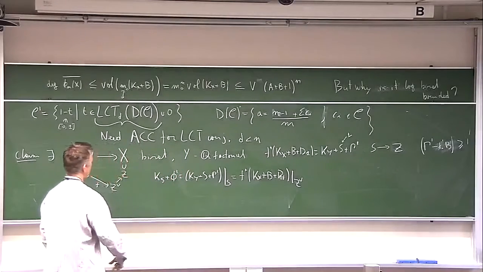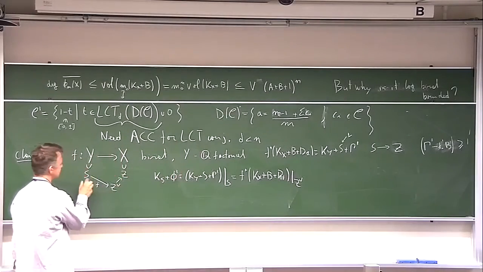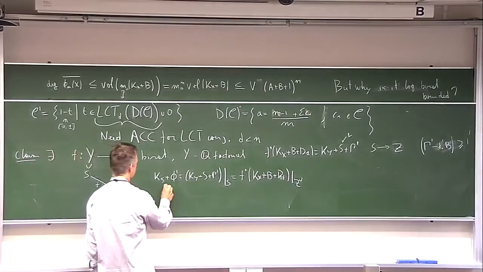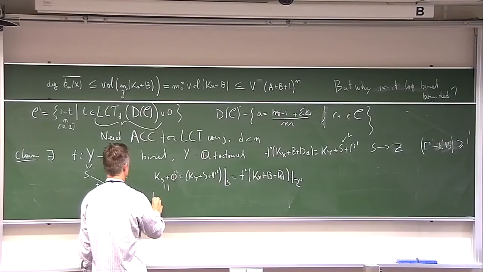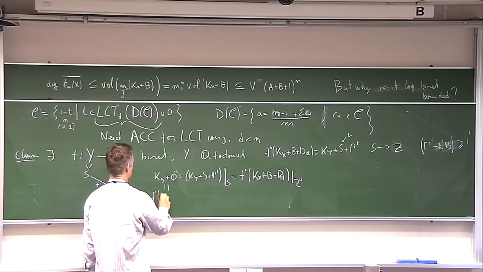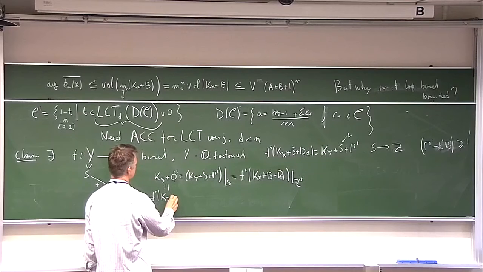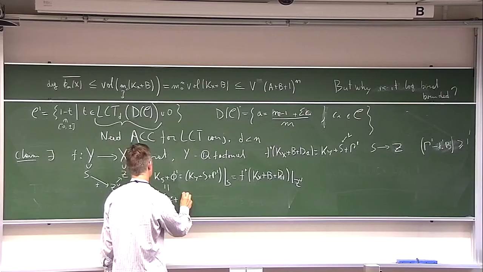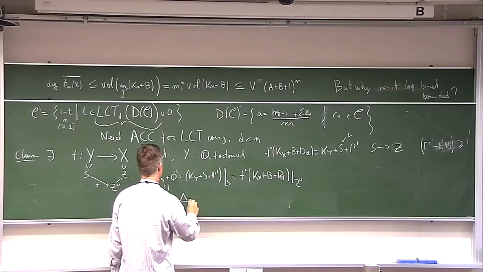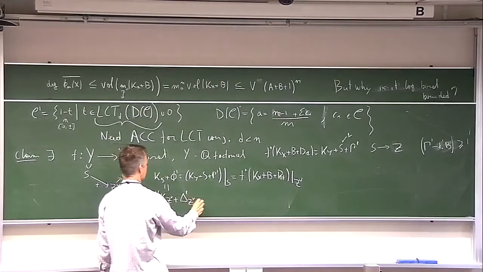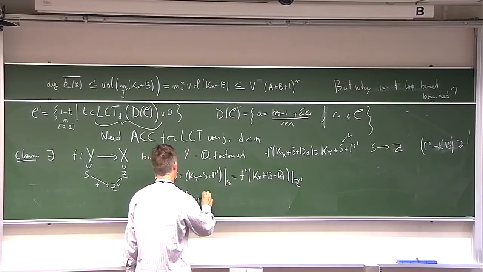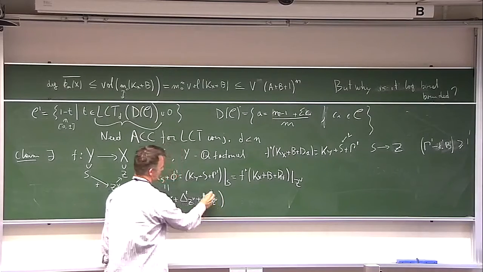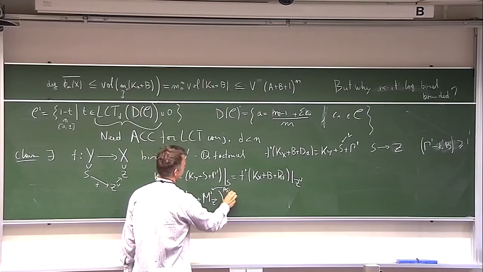Okay, so I know that this is Q-linear equivalent to the pullback of a divisor on Z nu. So we can write this as the pullback of K Z nu plus a boundary divisor, let's call it delta Z nu prime, plus some moduli B divisor, where this is pseudo-effective.